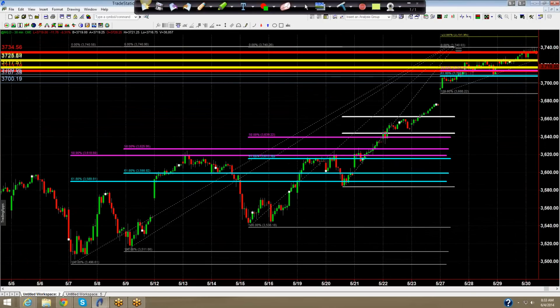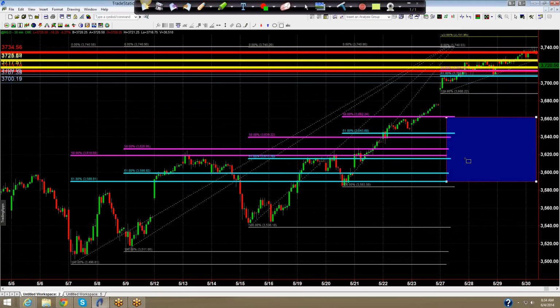So you could call any of this. It just depends on, we're all going to vote with our money, and we're all going to decide which is the best area for support, or a retrace. So bottom line, somewhere between this area, which is a 50 to 60, these are all various 50 to 62% retraces, right? So somewhere between here and here is the true 50%, and obviously that's a large area, 3660 down to 3600.